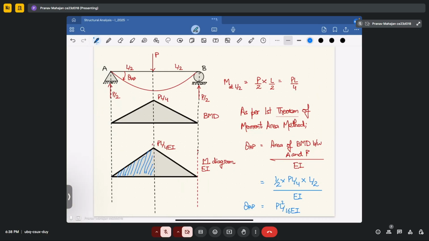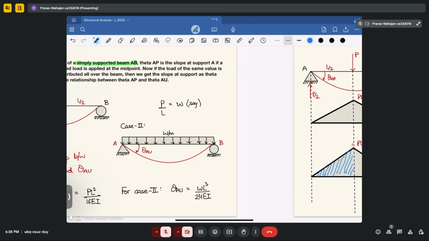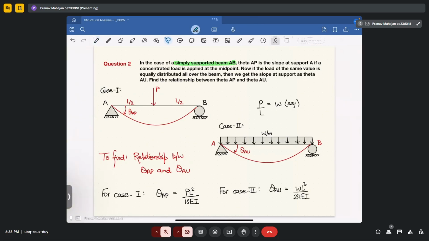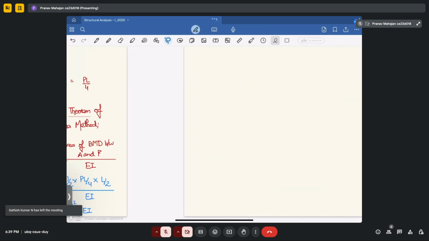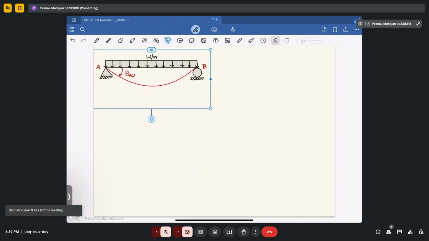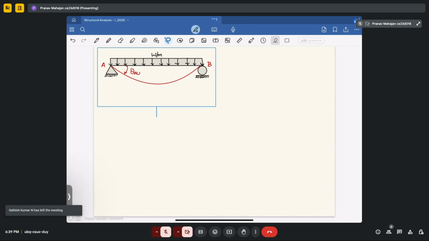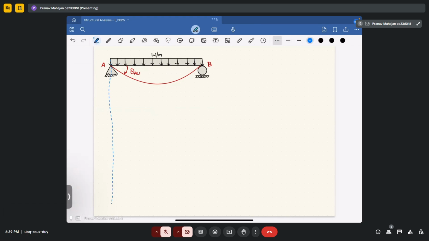So now let's solve for second case. So for case 2, suppose you have the result WL cube upon 24 EI. If we try to find out how it came, let me write. We will again draw the bending moment diagram for these profiles. Okay, so in this case, how will the bending moment look like?